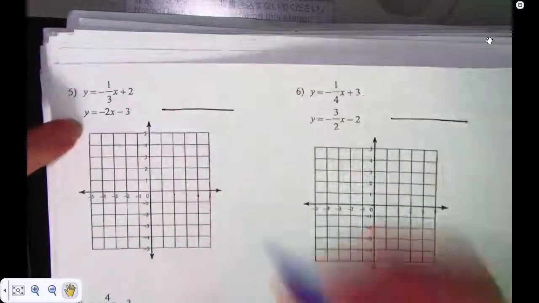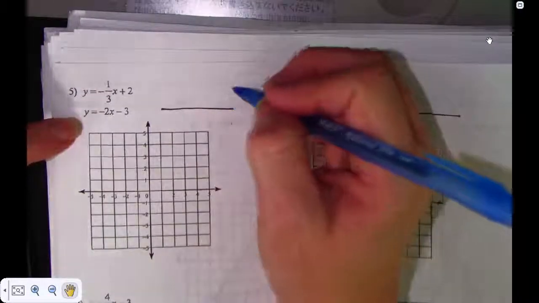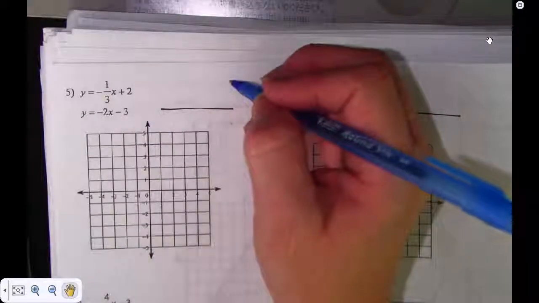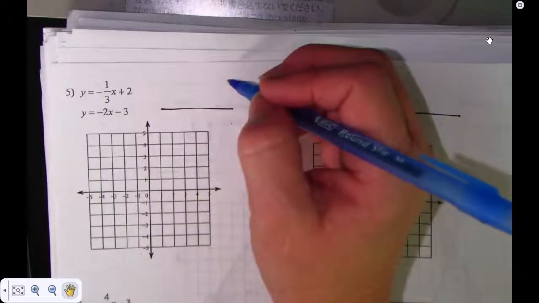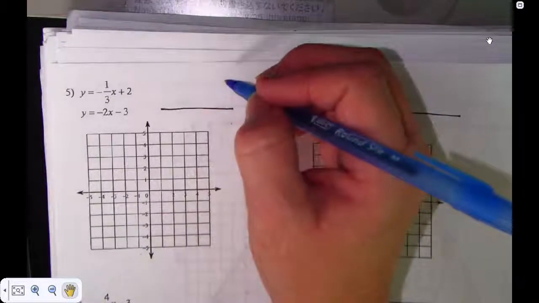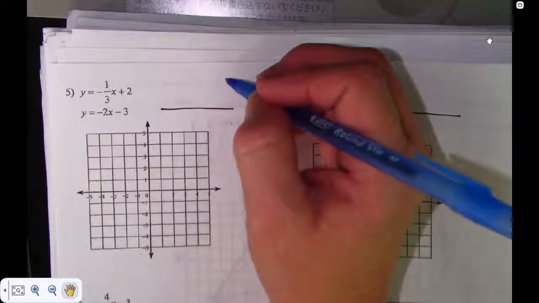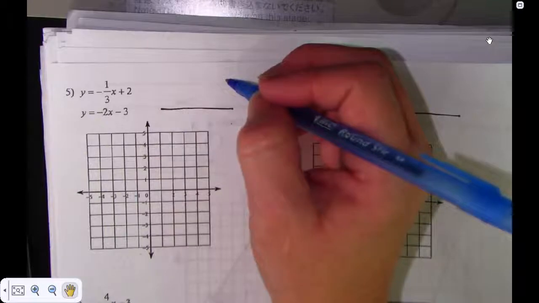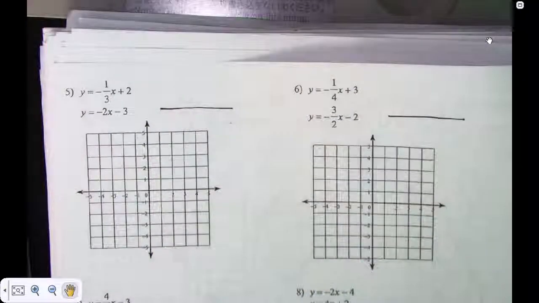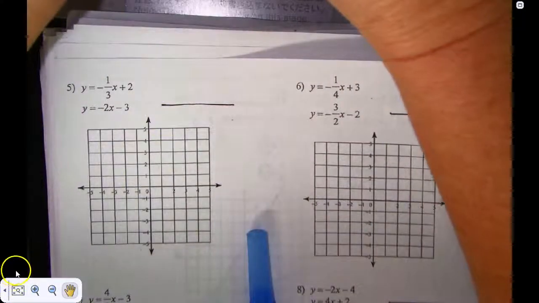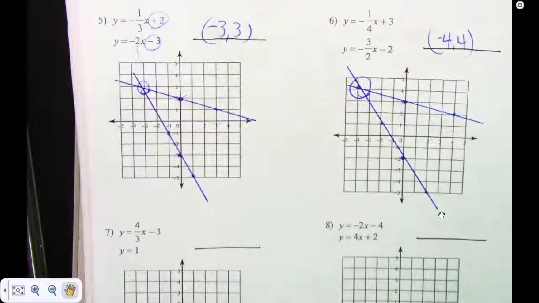Okay, so who checked it and knows they're right? Okay, on number 5, you should have got negative 3, 3.